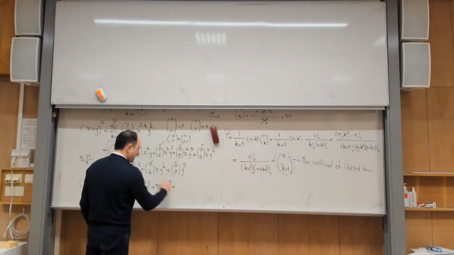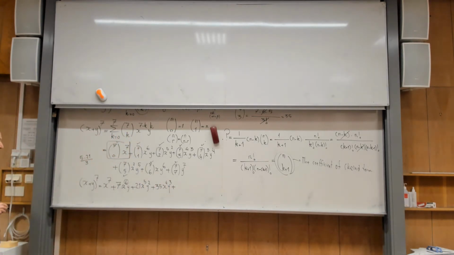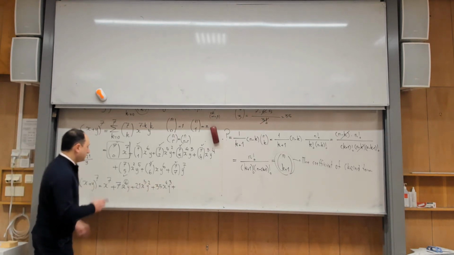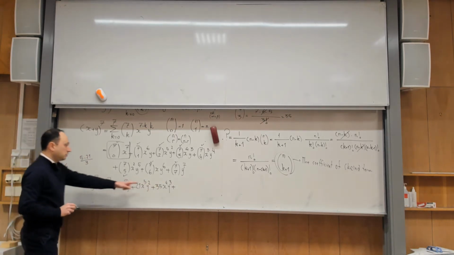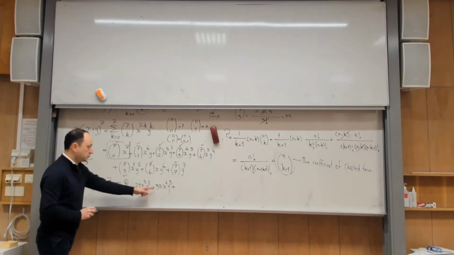And then, what is the next one? Can you tell me? What's the next one? Yes? Same. The same, yes, because you are supposed to multiply 4 by the coefficient and then divide by how many terms you have written so far, 4.